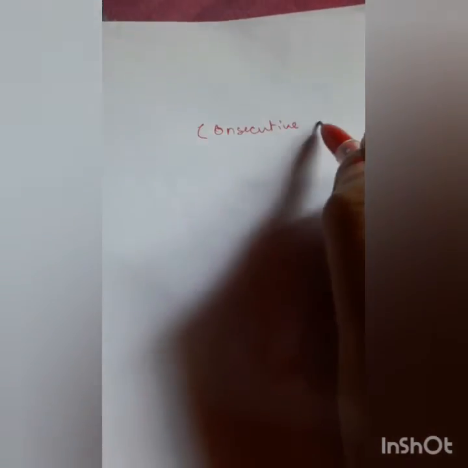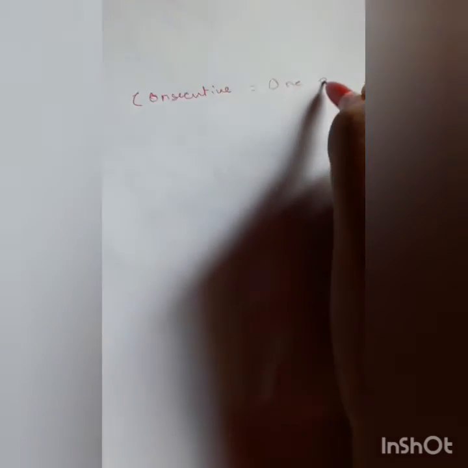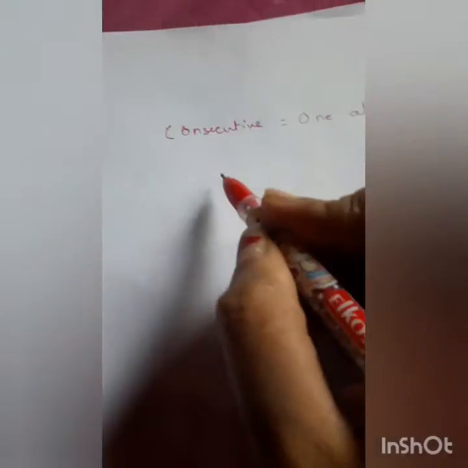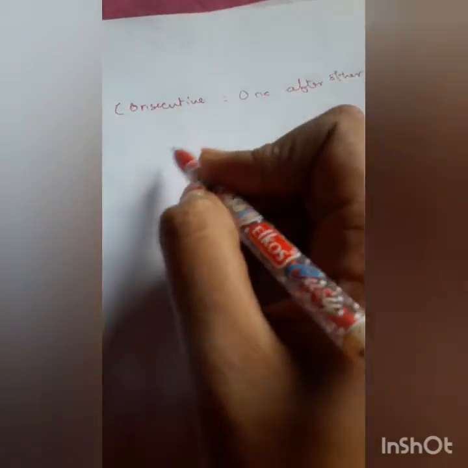Another concept: consecutive numbers. See, consecutive means one after the other. So if I ask you to write the first 3 consecutive natural numbers, then it will be 1, 2 and 3. Similarly, first 3 consecutive even numbers: 0, 2, 4.